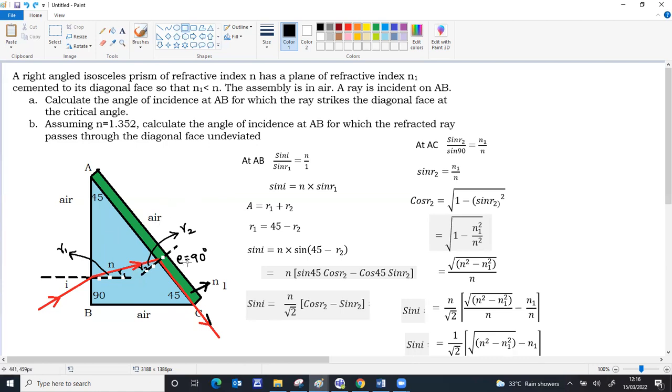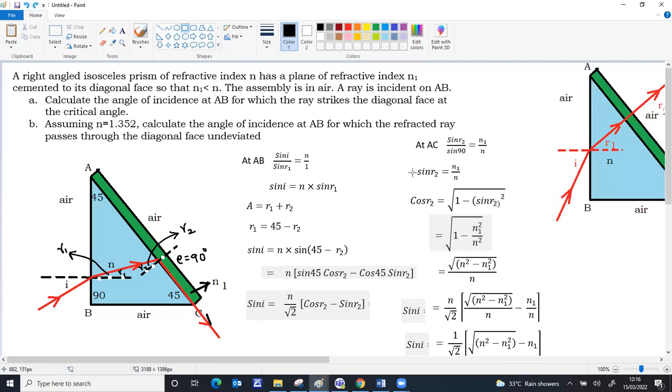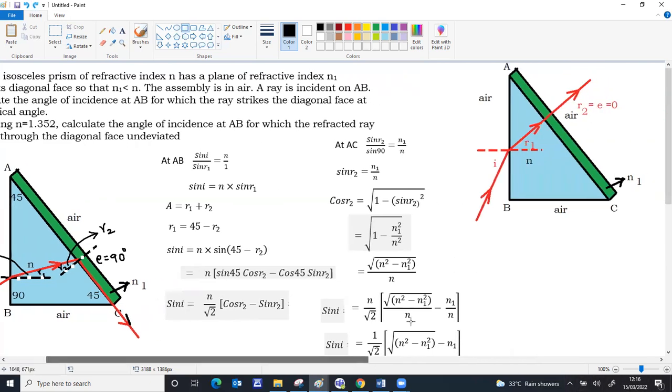So R2 will be 0, and E also will be 0. So the light will fall at a particular angle so that the refracted ray is along the normal of AC. So there is no angle from the normal. The angle of incidence here, R2, is 0, and automatically the angle of emergence on the AC face, E, also will be 0.